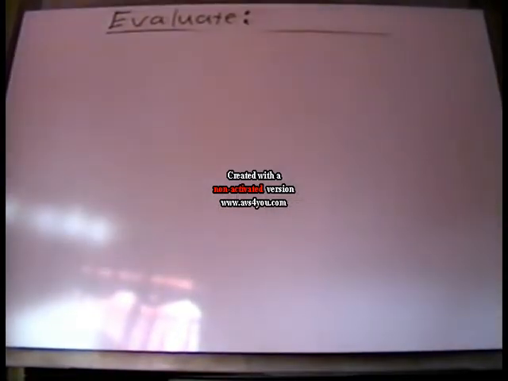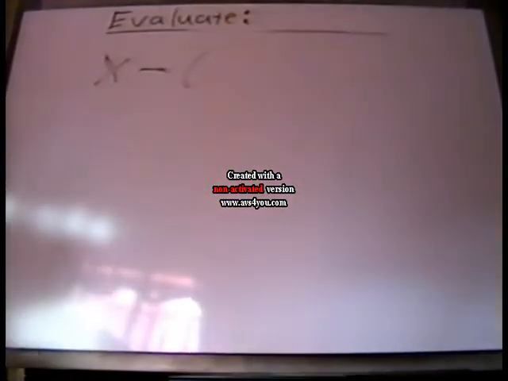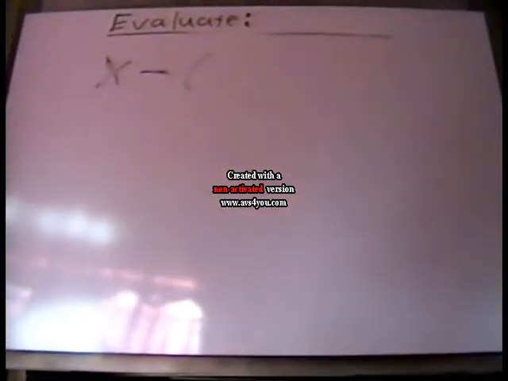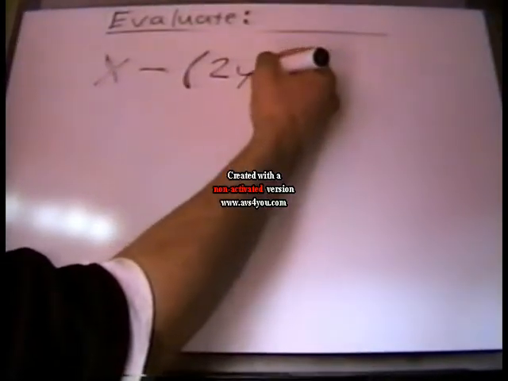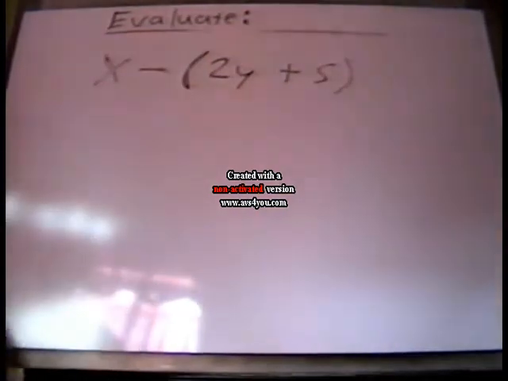What if you had the expression, let's say we have something like x minus 2y minus 5, or x minus the sum of 2y and 5.